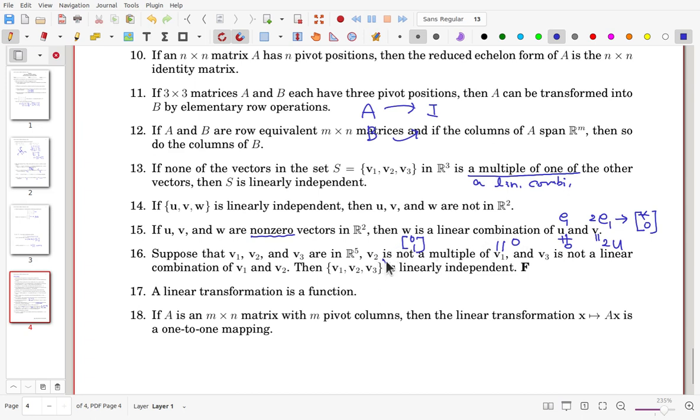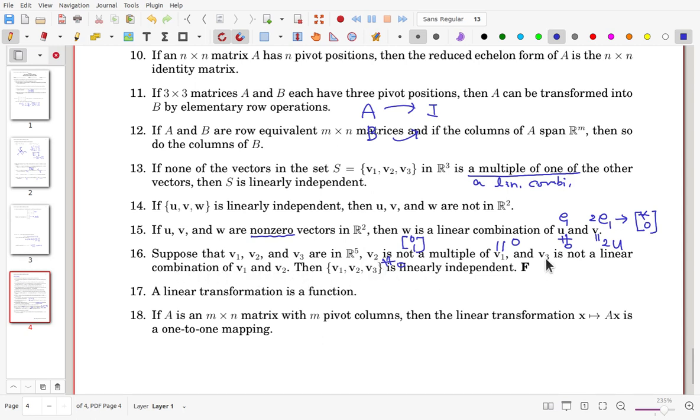Then if v2 is non-zero, it's true. And v3 is not a linear combination of v1 and v2. We can choose v3 independent from v2, then this one will also be true.